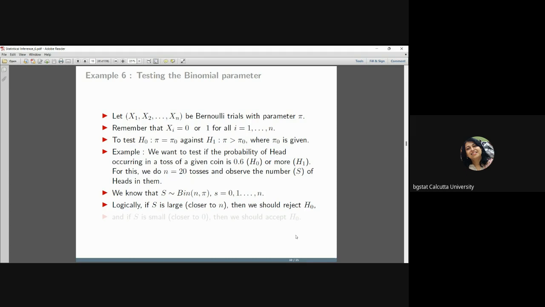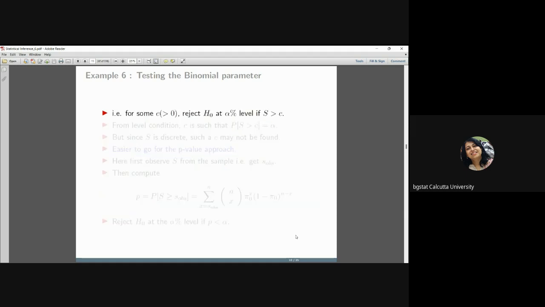Since under the alternative pi is greater than pi naught, in this case pi naught is 0.6, under the alternative we will expect S to be large. So if we use the critical value approach, we should be able to get some C where C satisfies that the area to the right is alpha.